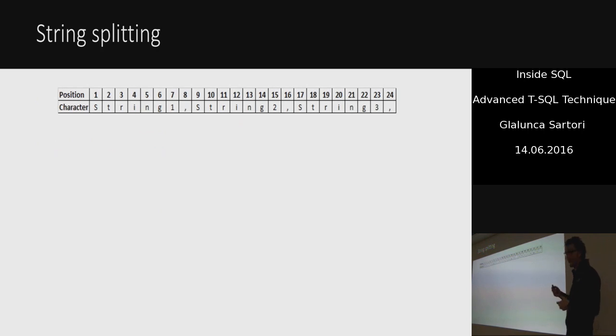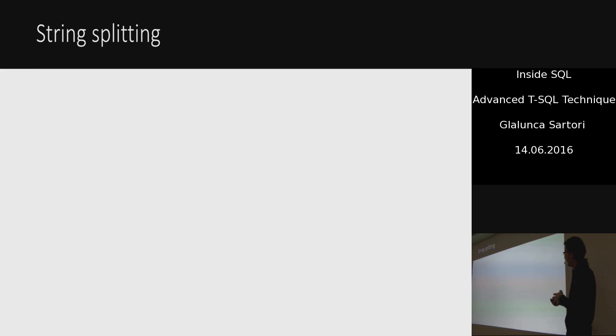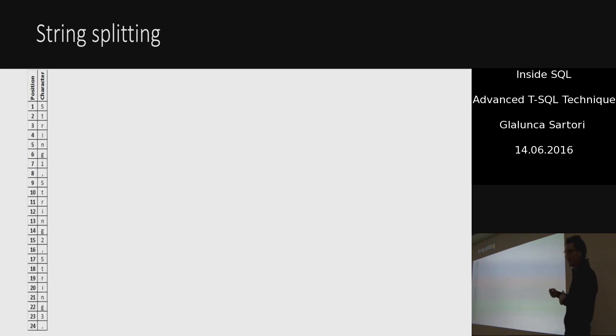String splitting using the Tally table. Imagine that you have a string like this with some commas that separate your values. And you could think of this vertically, so it fits well with thinking of a table. In a table, numbers are vertical.